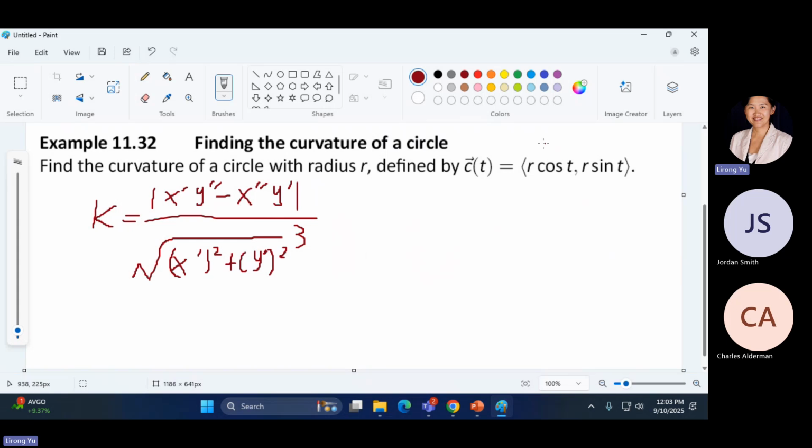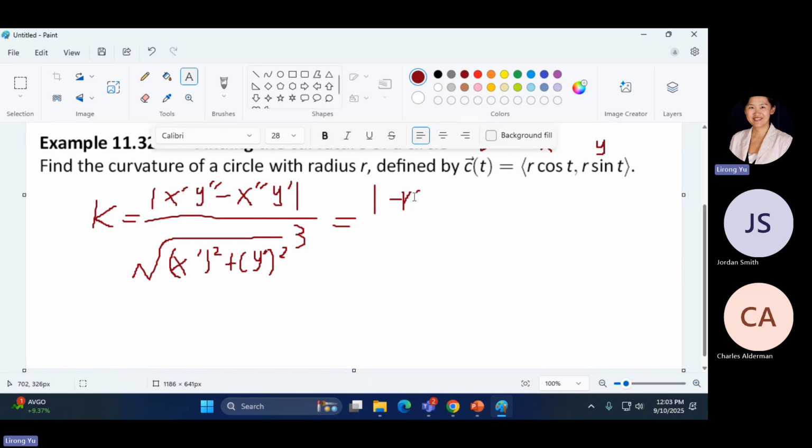So we already have this, that's the x value, that's the y value. The only parameter is t. So we will differentiate x.